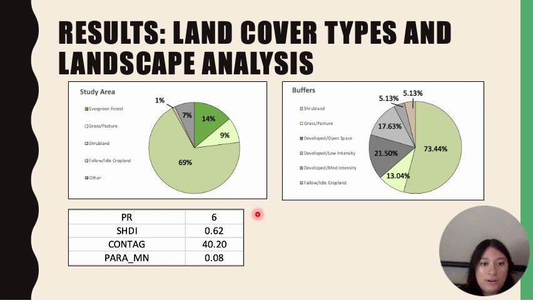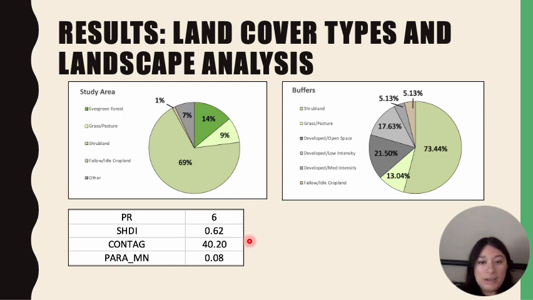So overall, these are the landscape averages here. A patch richness of six different land cover types was represented in the buffers. For Shannon diversity, we had a pretty high level of diversity within each buffer, but I don't know if that's consistent with the entire landscape for the occurrences here.